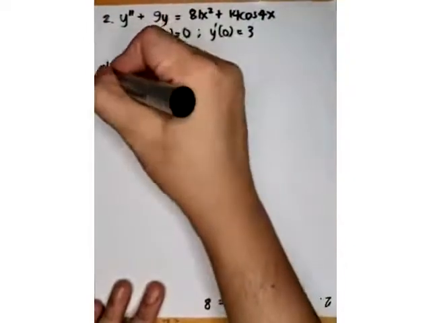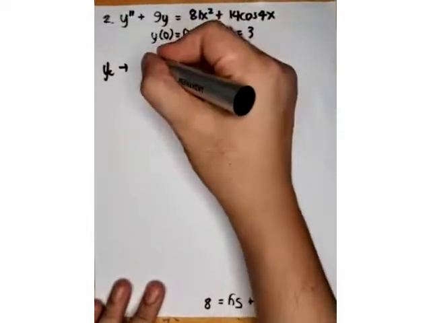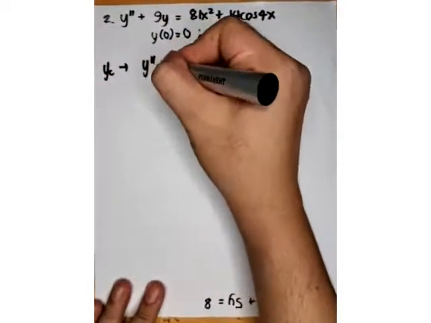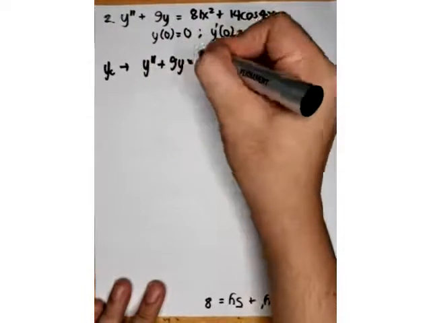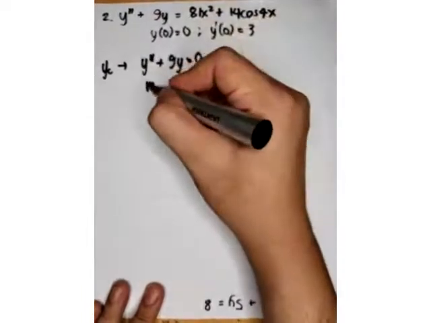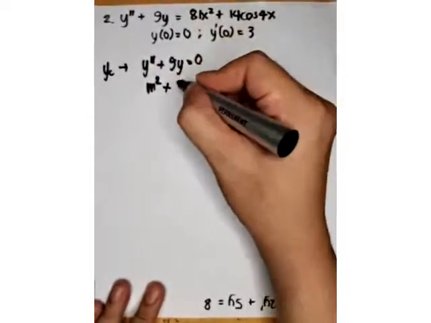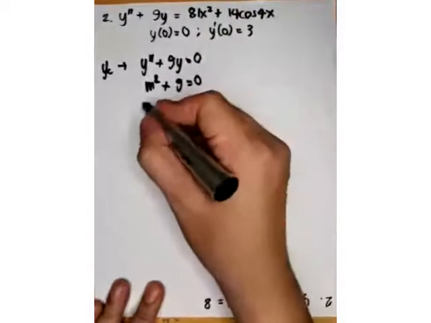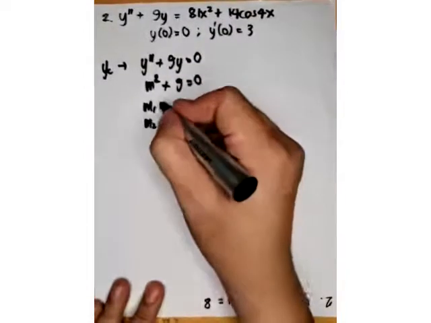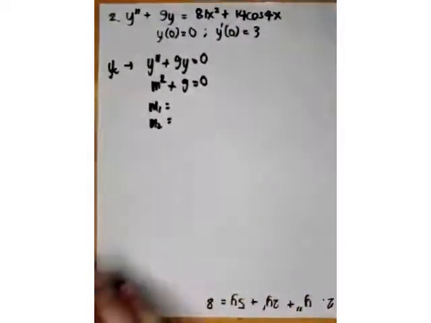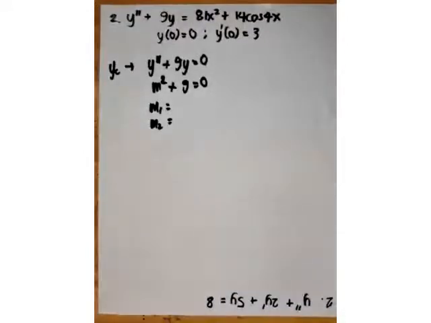Okay, so yung y sub c ay y double prime plus 9y is equal to 0. So m squared plus 9 is equal to 0. So what are the roots of m1 and m2? Feeling ko special case na naman ito.